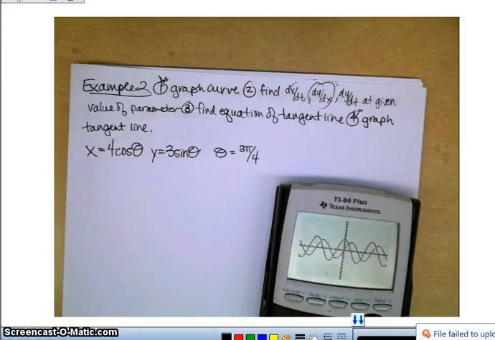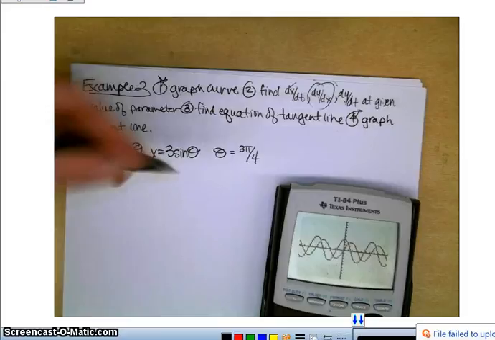Okay, this is not what we want. What we actually want is to combine these two together. We are going to have to do something in order to graph this on the graphing calculator, and that would be to write it in rectangular form.